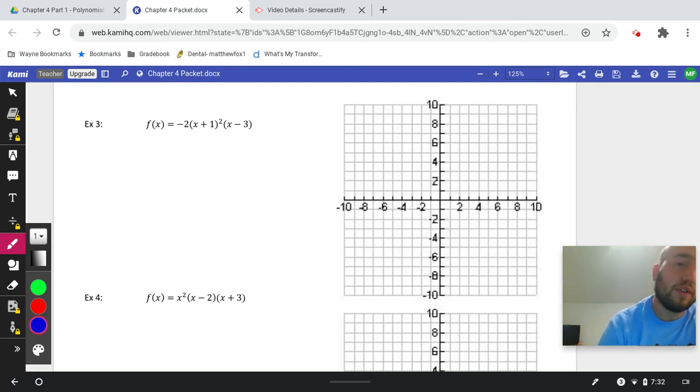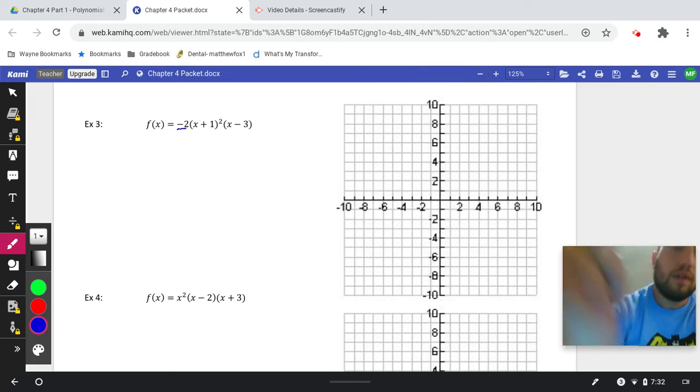So if we look here, on the back, number 3, this -2, since there's no x with it, we don't need to worry about it yet, okay? That will be important when we decide our shape and the end behaviors, like which way it's pointing, but we don't need that yet.